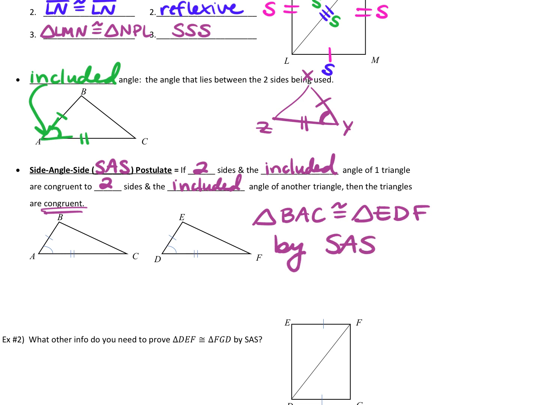SAS, side, angle, side. I have a side that corresponds to a side that corresponds to a side, and then the included angle in both of those, the angle that falls between those two sides. Okay.